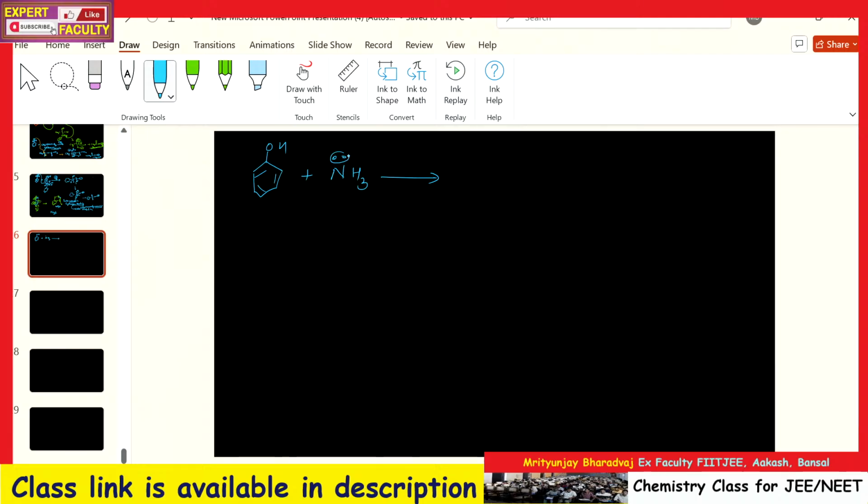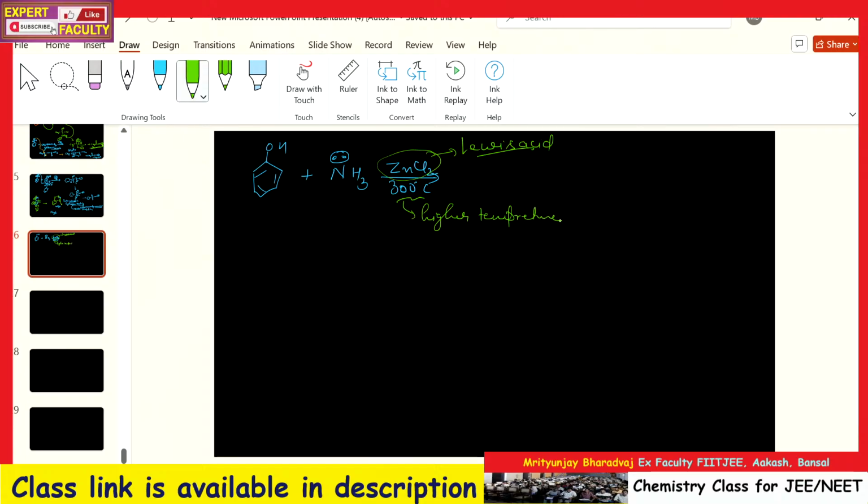In this reaction, as a student with basic knowledge of organic chemistry, how will one approach it? With ZnCl2 and 300 degrees Celsius, it is very clear that this ZnCl2 will act as a Lewis acid, and the reaction is carried out at 300 degrees Celsius, so this is a condition of higher temperature.